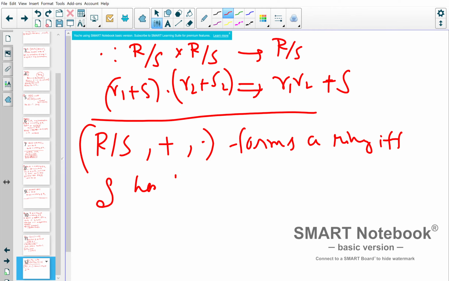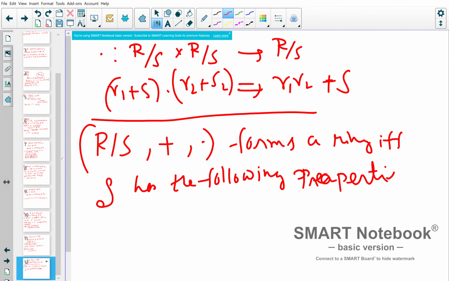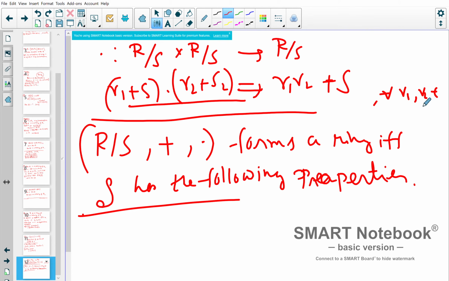It has the following properties. So what are the properties? You multiply from here, you just try to check. This has to be true for every R1, R2 belonging to R, right?